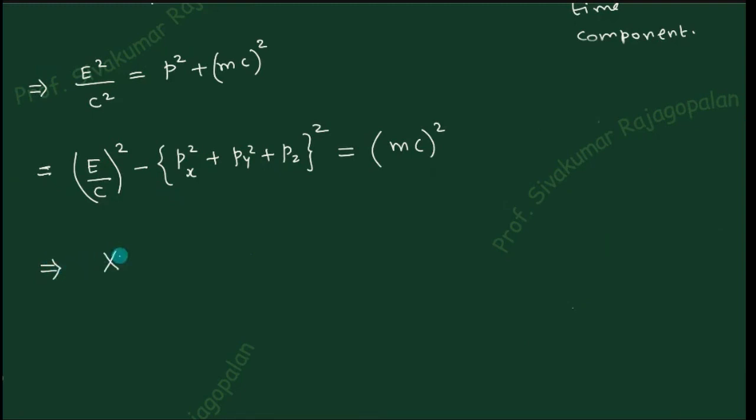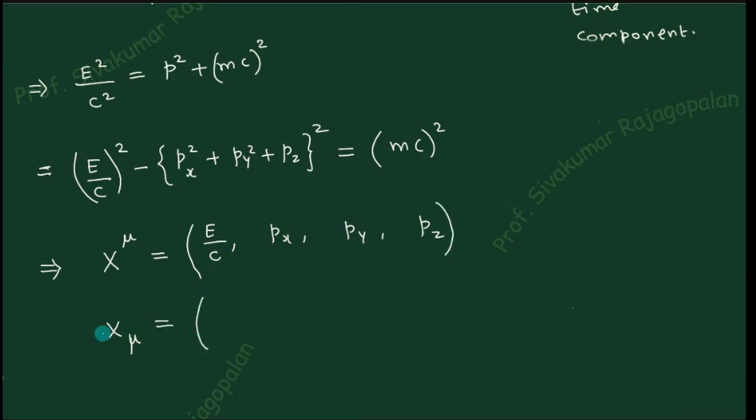So now, if this understanding is clear, you will be able to tell how you write the contravariant vector and how you write the covariant vector. The contravariant vector will be the one with all positive. That means E by C, comma, Px, comma, Py, comma, Pz.